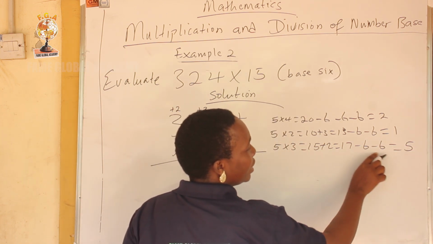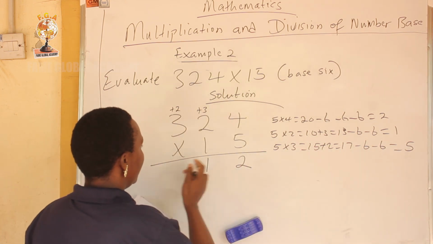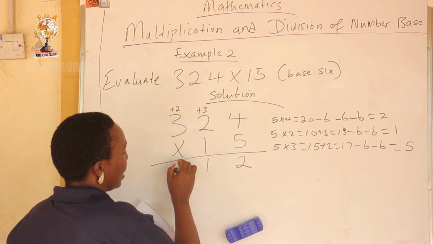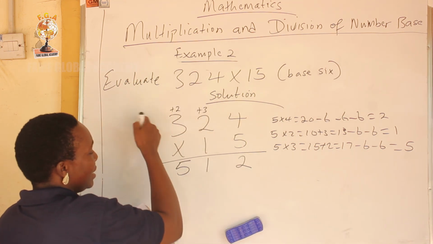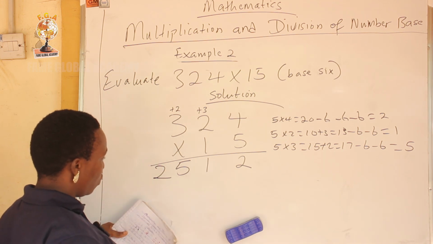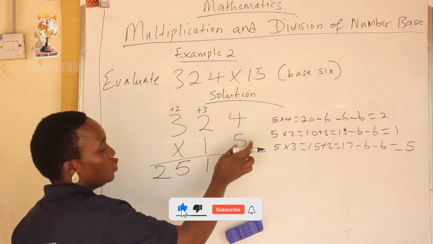So we subtracted 6 twice from 17 to give us 5. And 5 is less than the base, so we can write 5 here. Now, these 2 that we subtracted, there is nothing here again to add it to, so you bring it down as 2. So we have 2, 5, 1, 2 for multiplication using 5.